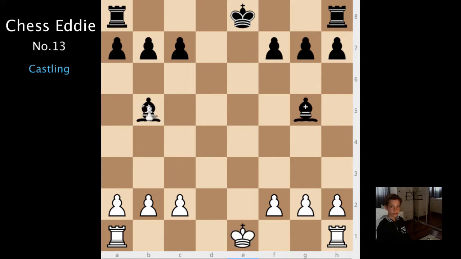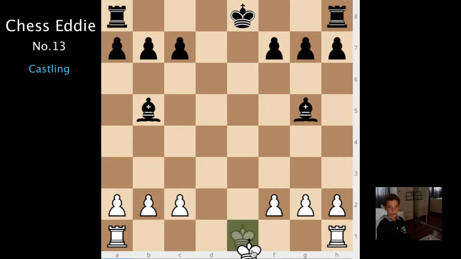Not physically blocking, but by the attack, as you can see. Right here, the king can't just jump over the attack of the bishop. So he can't castle kingside because it would be illegal to jump over the attack of the b5 bishop.